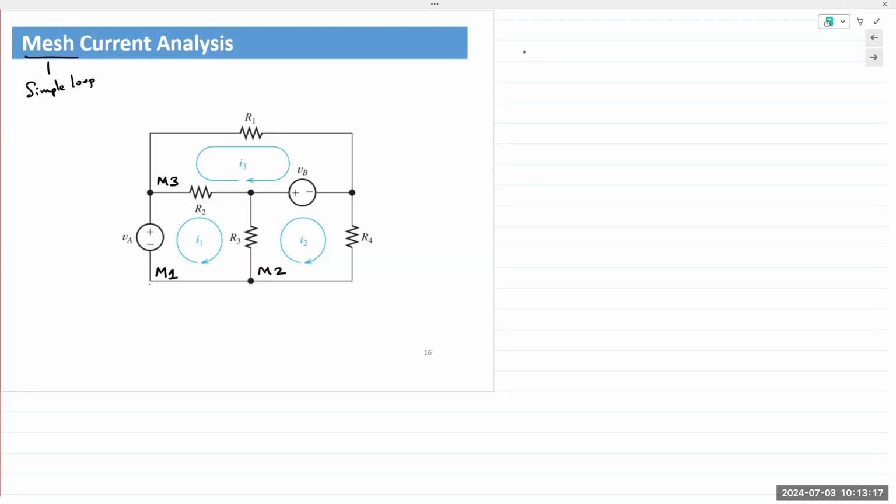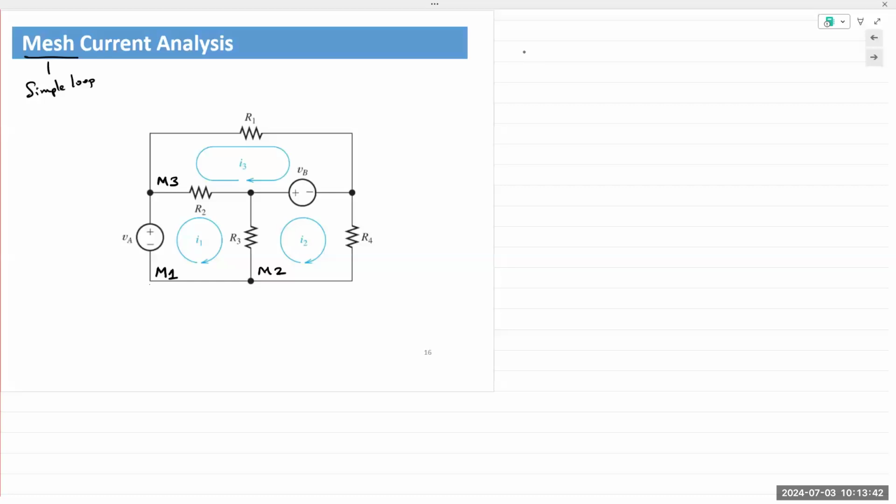Okay, so we have a mesh, and the next step is to assume a mesh current that is flowing inside that mesh. Now, mesh currents, again, thinking back to a few lectures ago, when I introduced the concept of nodes and meshes, I stated mesh currents are hypothetical.